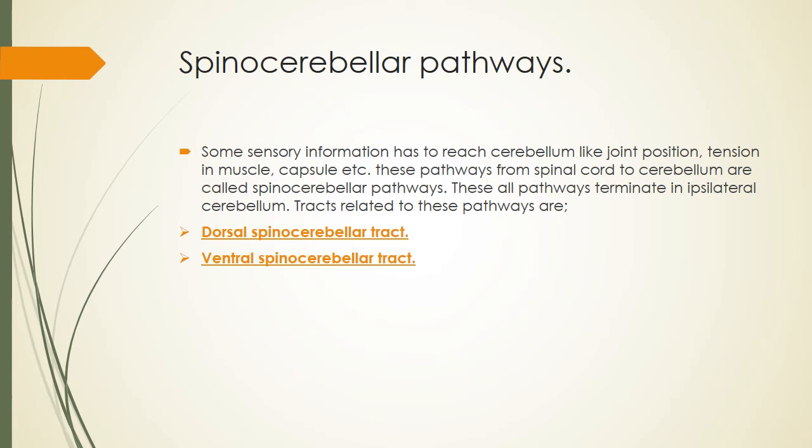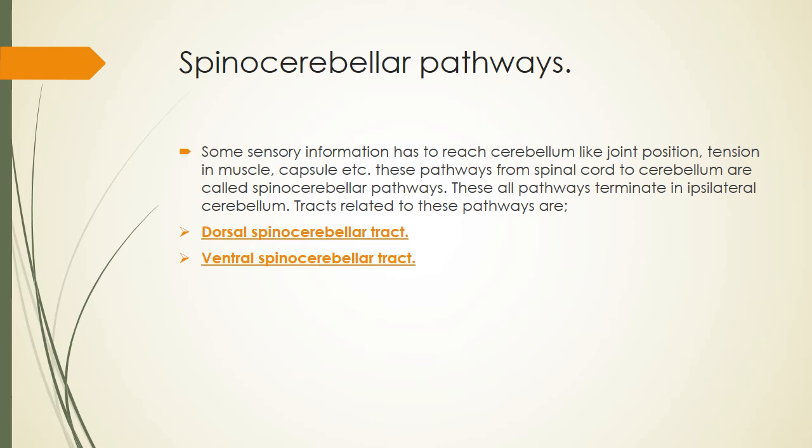So far I have discussed the spinothalamic pathways, which terminate in the sensory area of the cerebral cortex in the postcentral gyrus. But some sensory information has to reach the cerebellum also, like joint position and tension in the muscle, capsule, etc. The pathways which carry this information from the spinal cord to the cerebellum are called spinocerebellar pathways.